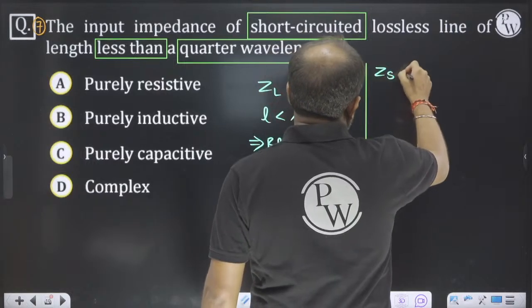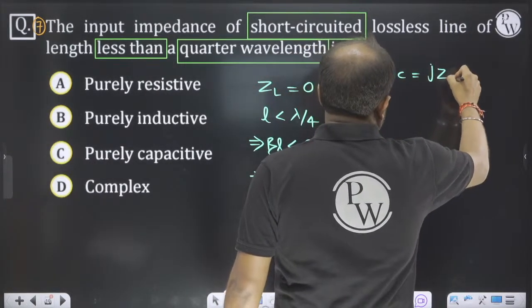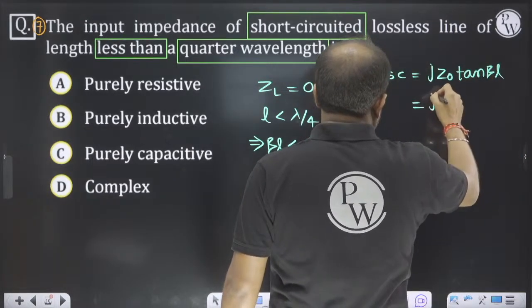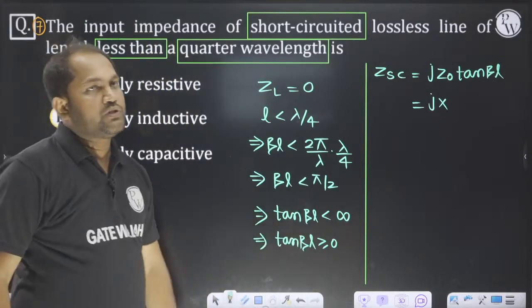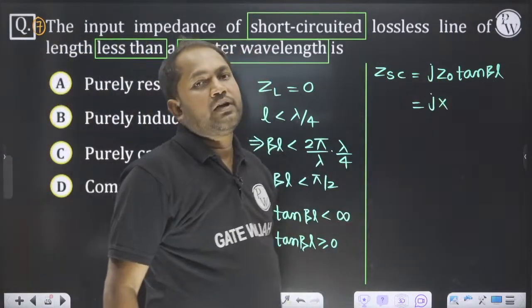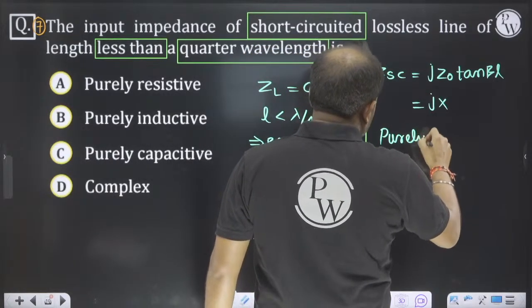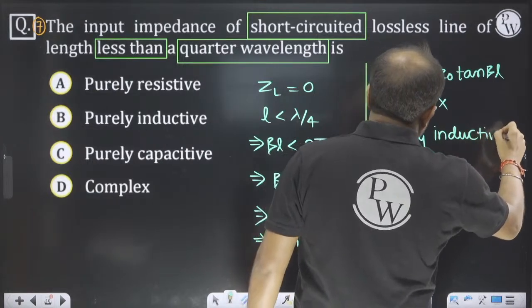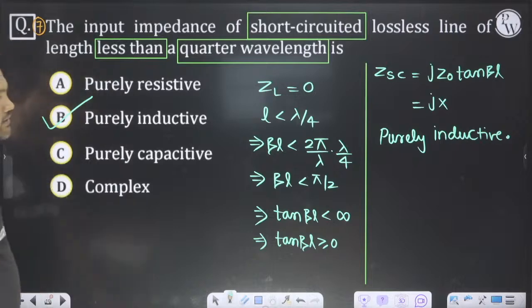Short circuit impedance is jZ0 tan beta L. Tan beta L is positive, so this is a positive value, positive X. So it is purely inductive, and the answer is purely inductive. B option is correct. Simple question, you can give the answer.